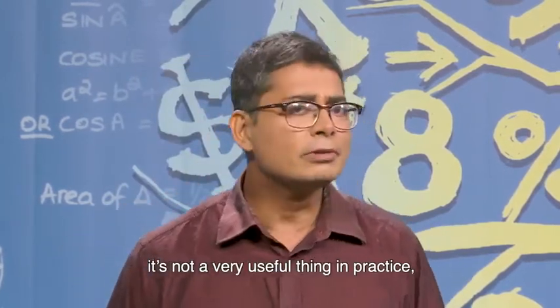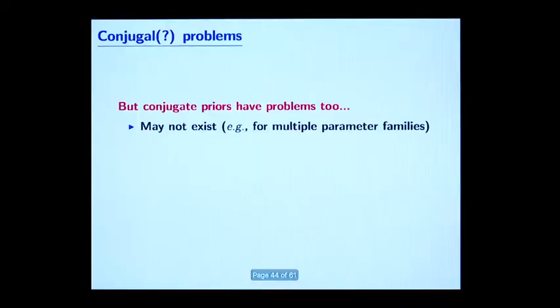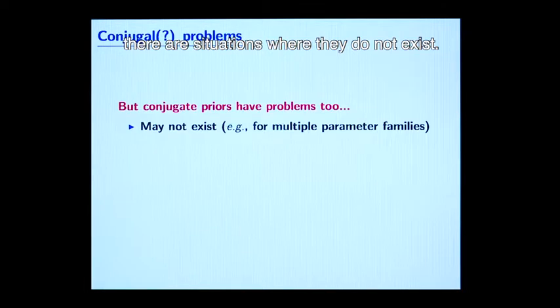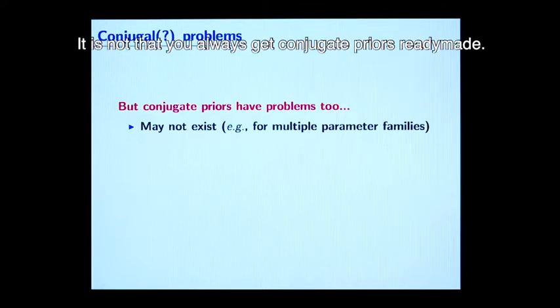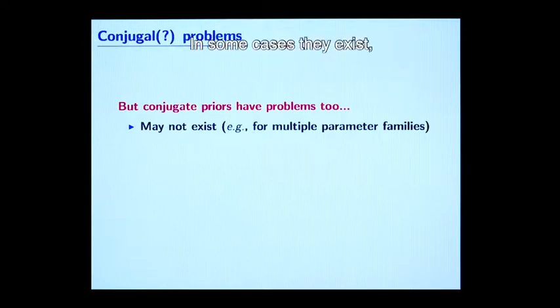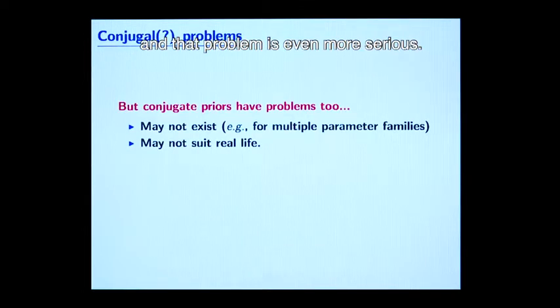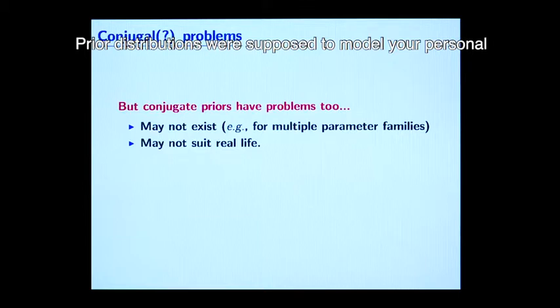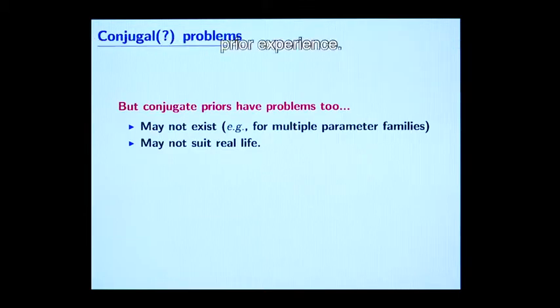Unfortunately, it is not a very useful thing in practice, because number one, there are situations where they do not exist. It is not that you always get conjugate priors ready made. In some cases they exist, in some cases they do not exist. And then there is another problem, and that problem is even more serious. Prior distributions were supposed to model your personal prior experience.